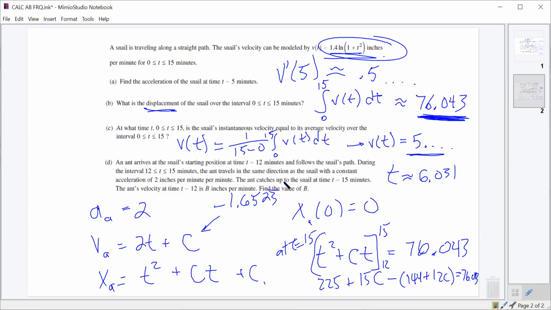And we want to know what is the ant's velocity at t equals 12. So then we'll do 2 times 12 minus 1.6523, which comes out to be 22.348. Does that make sense? Yeah, that makes sense.